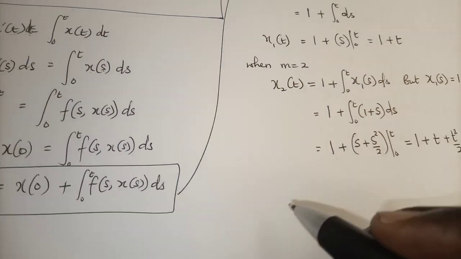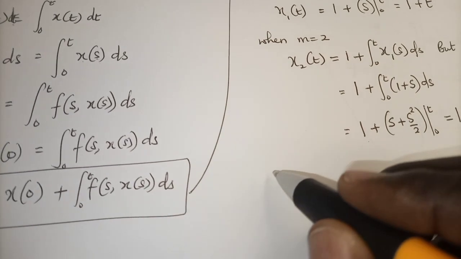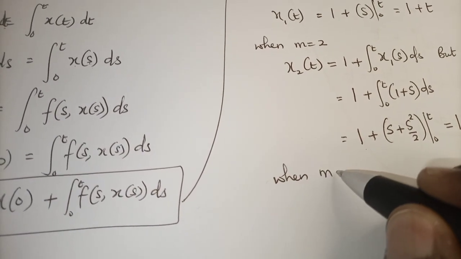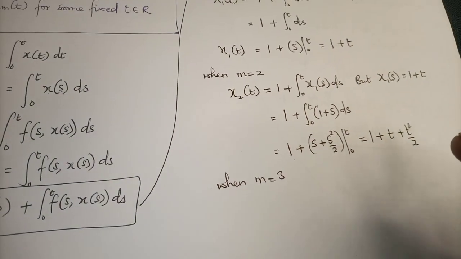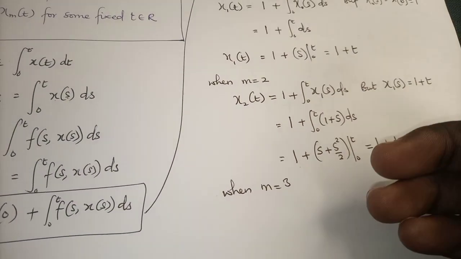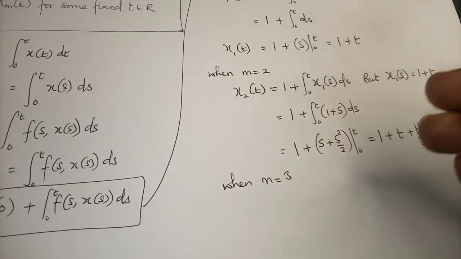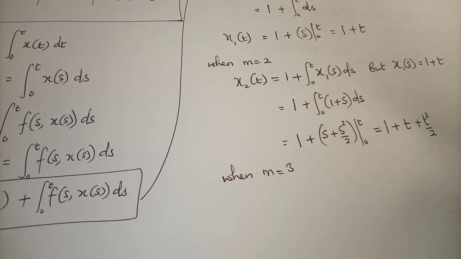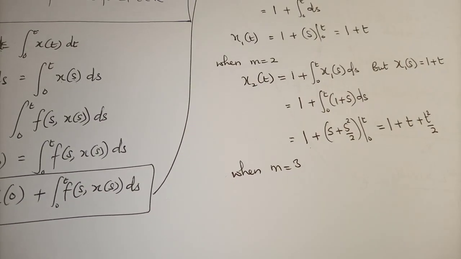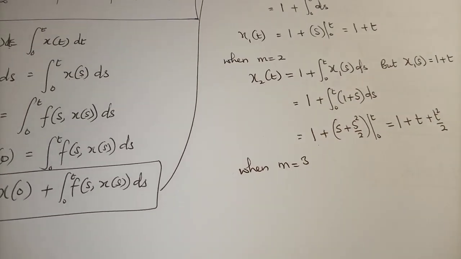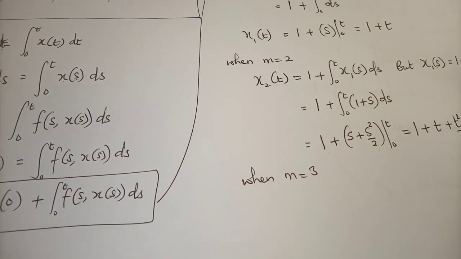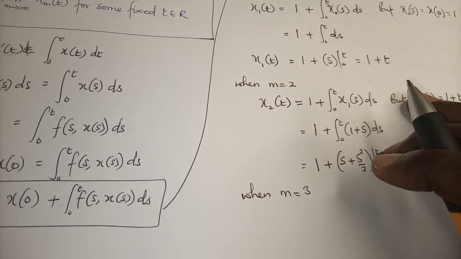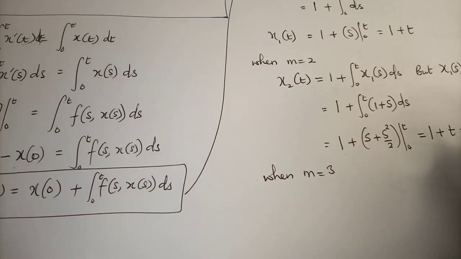Alright, so the next thing is when m equals 3. It's better to insert 3 different integers, so that we get 3 different values and can create a better and appropriate pattern, at least 3.